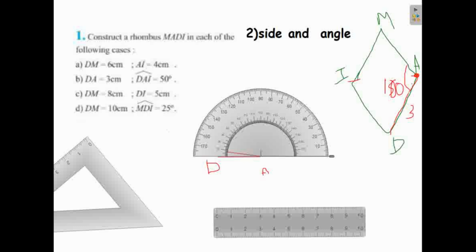So if we start in the inner numbers, it is 0, 10, 20, 30, and the angle is growing as I opened it. However, if you use the outer numbers, it's illogical because it's 170, 160. So as I am opening the angle, the numbers are decreasing. So it's not logical. We are going to use the inner numbers.